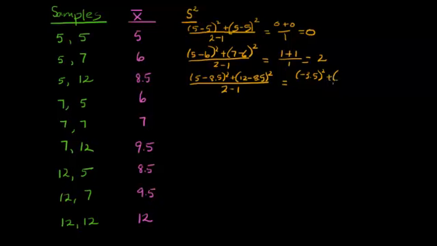And then 12 minus 8.5, that's positive 3.5. And this is all over 1. So the negative 3.5 squared, that's going to give us a positive result. So is this one. They're both 12.25.